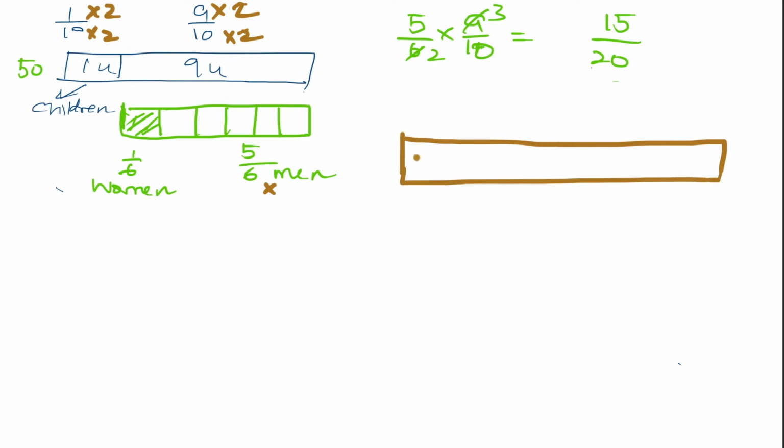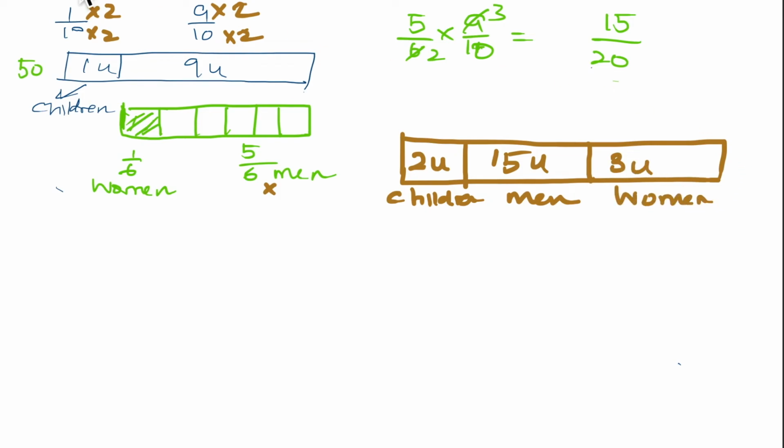So 2 units children, and I know that 15 units will be men. This is children, this is men, and then the rest will be 3 units women. Actually, I should draw this. The men have a bigger portion, so 3 units women over 20 units.